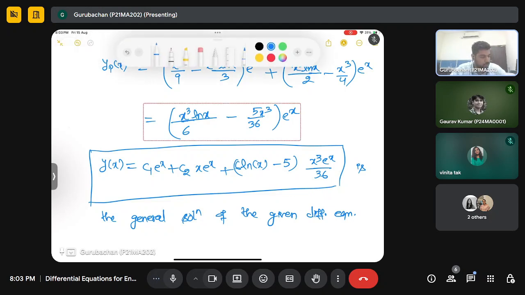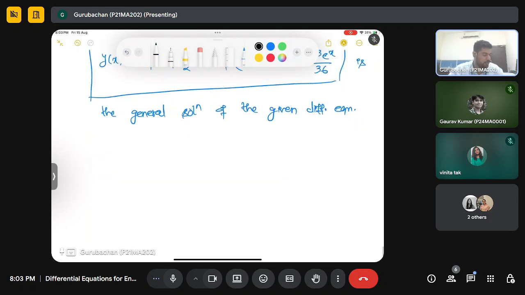Now the last question of this class is as follows. Till now, in the 8th and 9th questions for the method of variation of parameters, we have considered constant coefficients on the LHS, but not a simple function on the RHS. But now we will consider variable coefficients on the LHS as well.